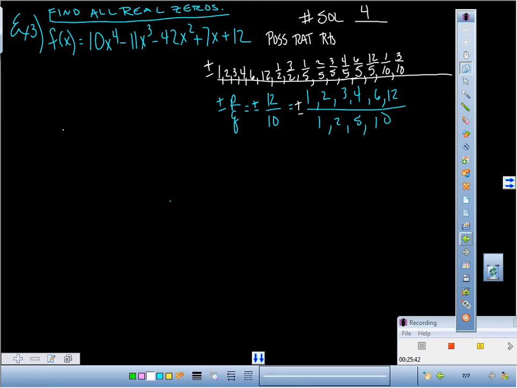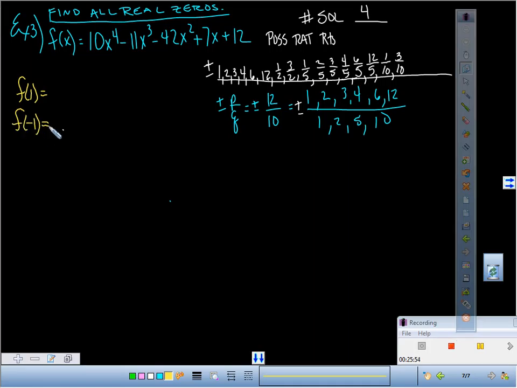Okay, so now what are we going to do? We're going to plug in negative 1 and positive 1. We're going to find f of 1 and f of negative 1. Okay? F of 1. Just write the coefficients down.